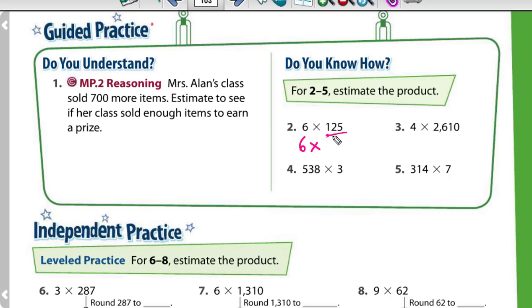And 2 is strong or weak? Not change. So it will be 100. So I will write here 6 times 100. And as you know, 6 times 100 equals 600. Great.